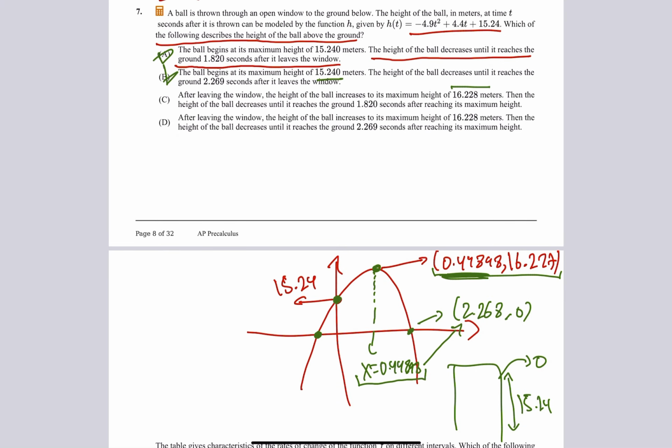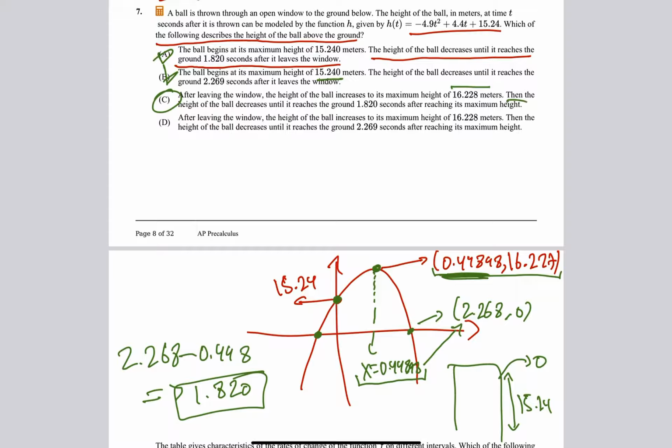Now, after how many seconds from reaching its maximum height does it touch the ground? Well, if you do the math, 2.268 minus 0.448, what are we going to get? It's approximately equal to 1.820, right? Which is basically what C mentions. Then the height of the ball decreases until it reaches the ground, 1.82 seconds after reaching its maximum height, which is the correct answer. However, D does look promising though.